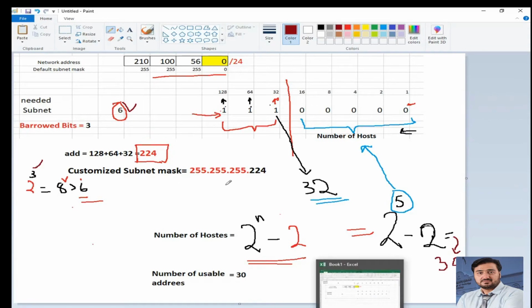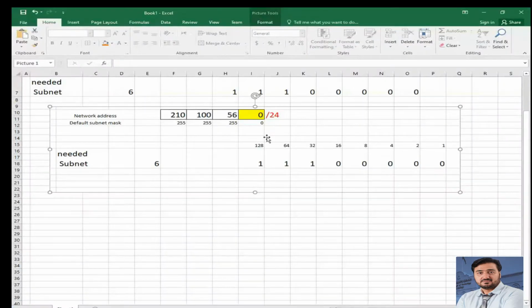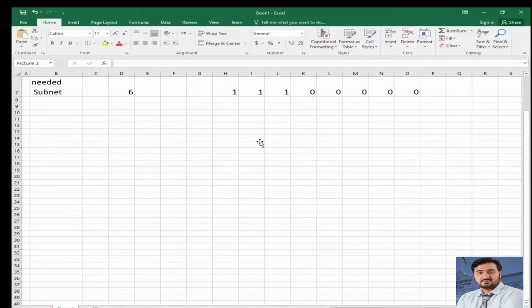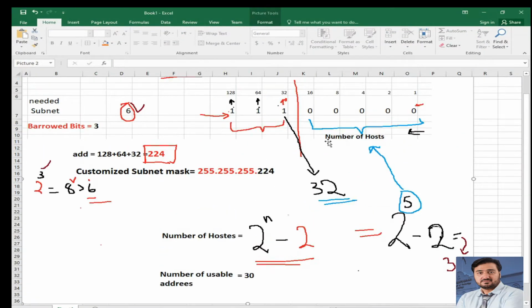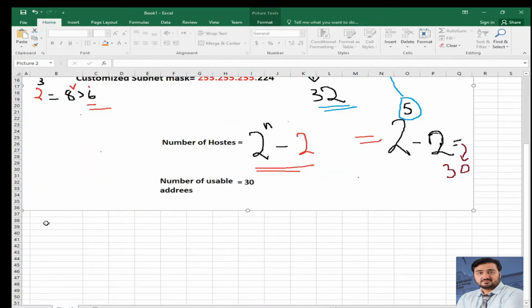So here, let me select all and copy this one. Now you can see what will be the first subnet address.